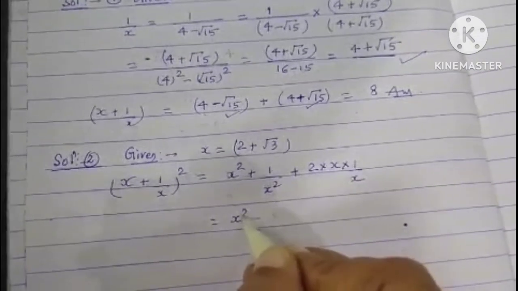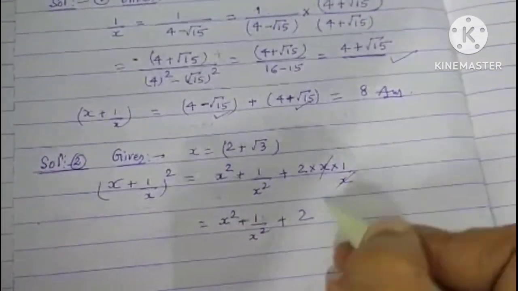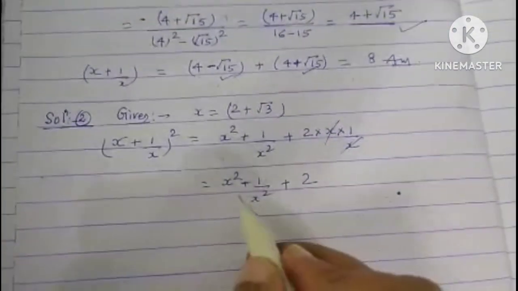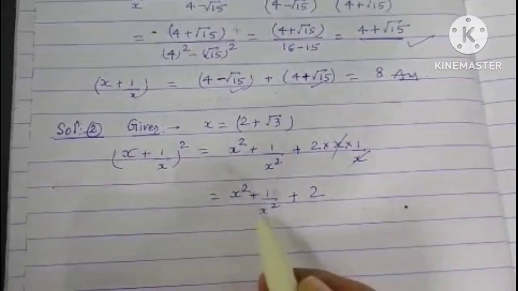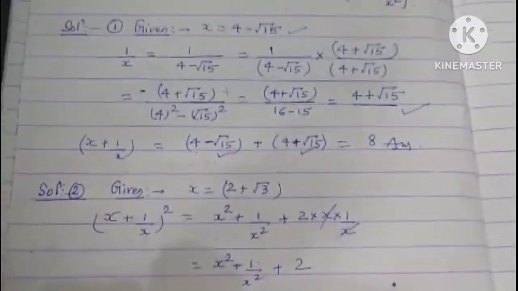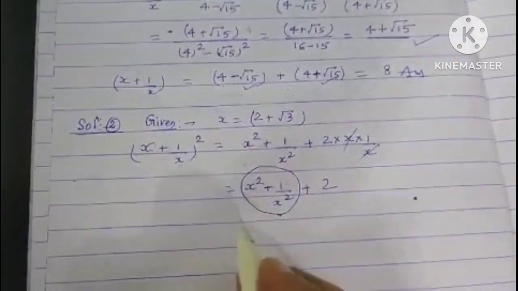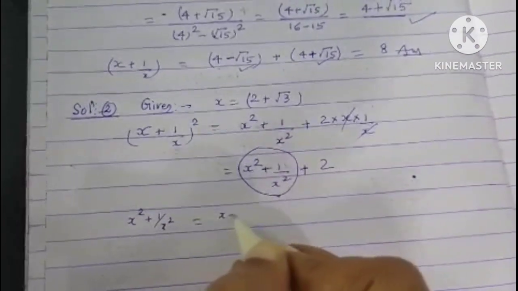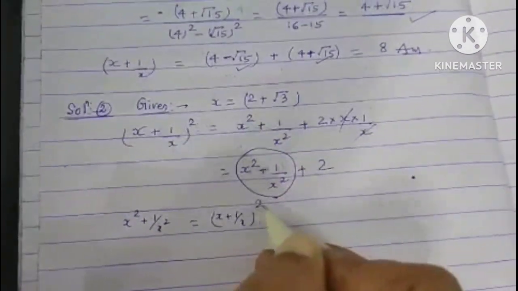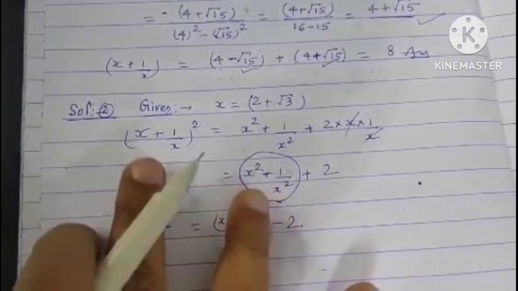So x square plus 1 by x square plus 2, basically the x and 1 by x will cancel out. This will be our approach, because we have to find out x square plus 1 by x square. So simply x square plus 1 by x square will be equal to (x plus 1 by x) whole square minus 2 from this expression.